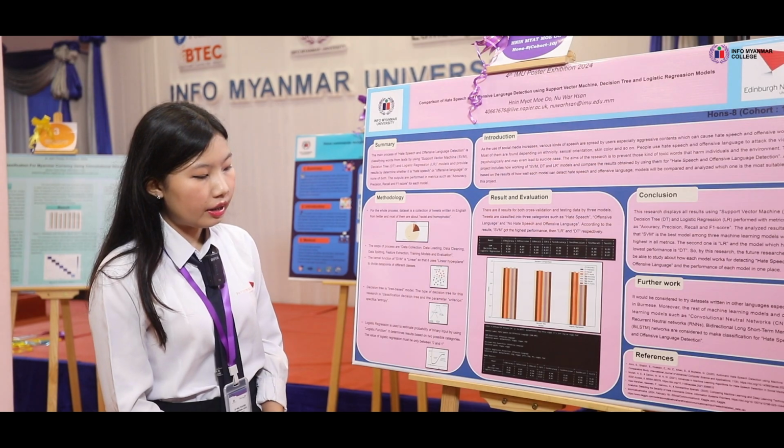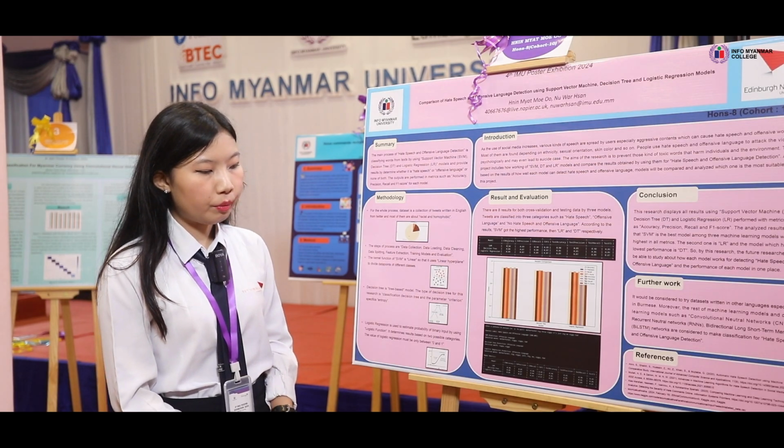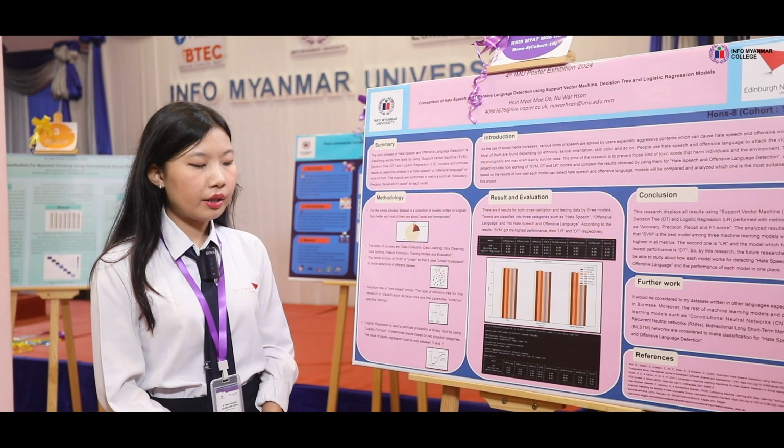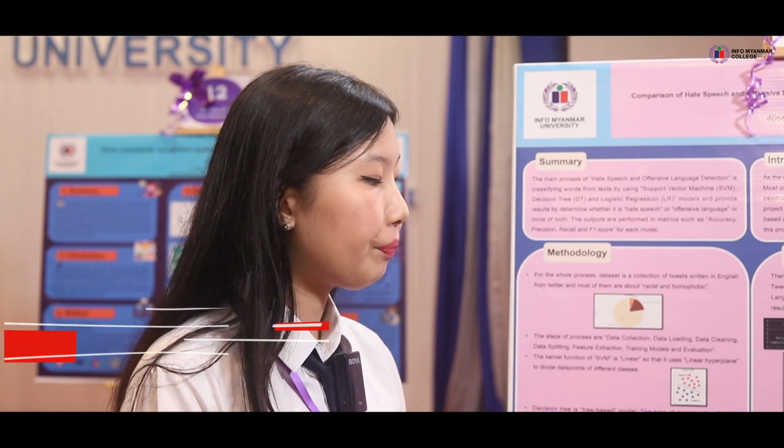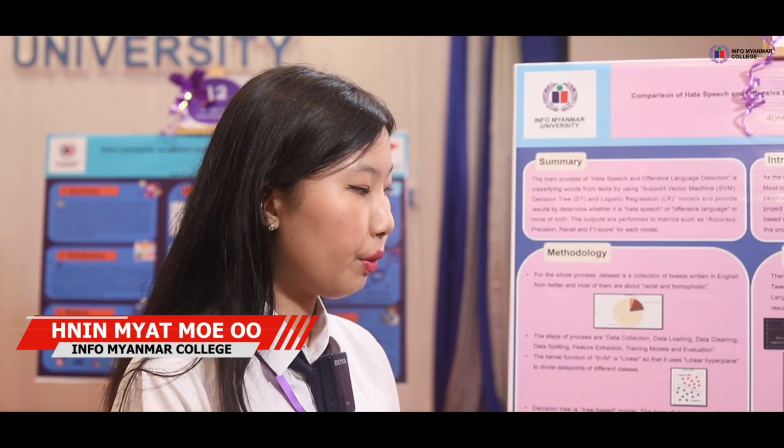And for the decision tree, it only shows one word, which is really offensive language, but it only shows one word, no others included. And for the logistic regression, it lists all the words which should definitely be offensive language, but it also showed the normal words which are used for normal conversation.